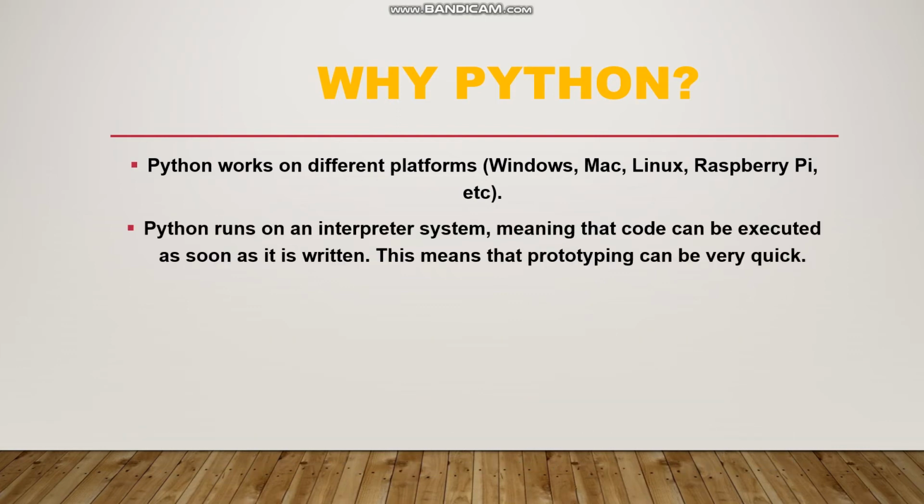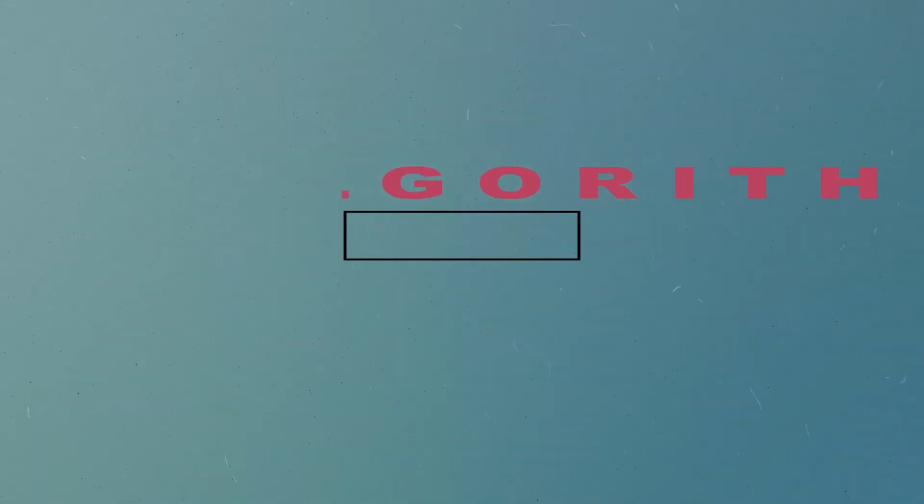Next is that it is an interpreter system, that is, as you write the code, as quickly it brings out the output. The three major advantages I have for Python are that its syntax is similar to the English language, it can work on different platforms, and it is very easy to learn. Yeah, it is actually very easy to learn.